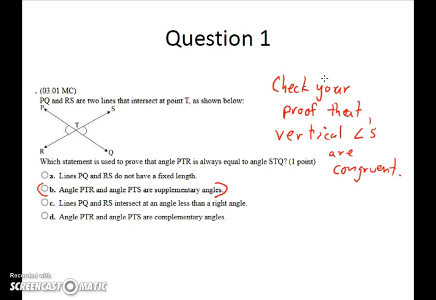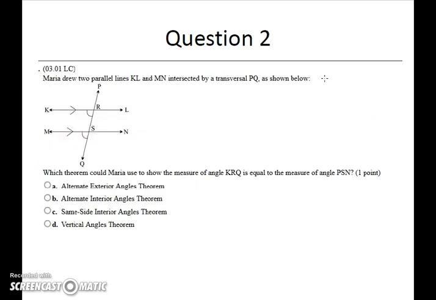Let's take a look at question 2. Maria drew 2 parallel lines, KL and MN, that are intersected by a transversal PQ as shown below. Which theorem could Maria use to show the measure of angle KRQ is equal to the measure of angle PSN?